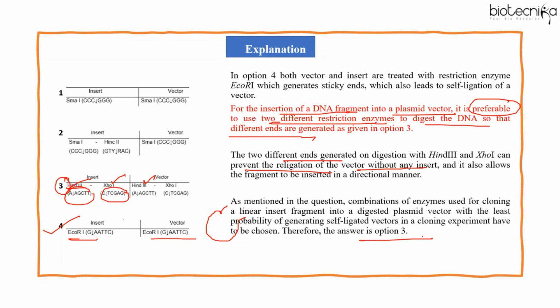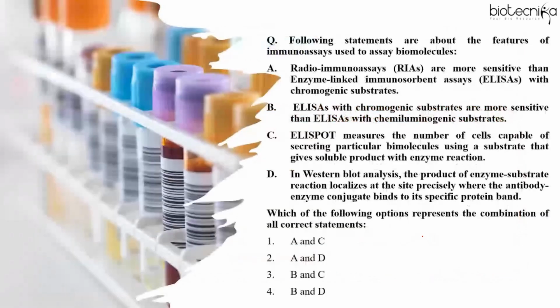So you can see in such minute concepts, superficial study for CSIR NET will not work. You need to be thorough with the basic concepts. Your basic concepts need to be very much clear. So the answer here is option 3.